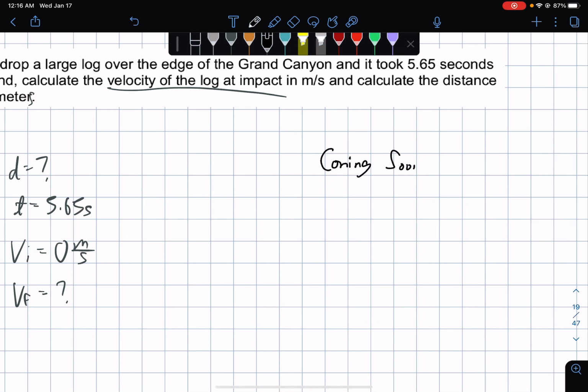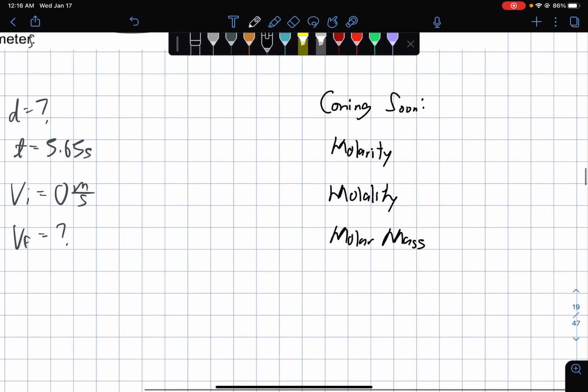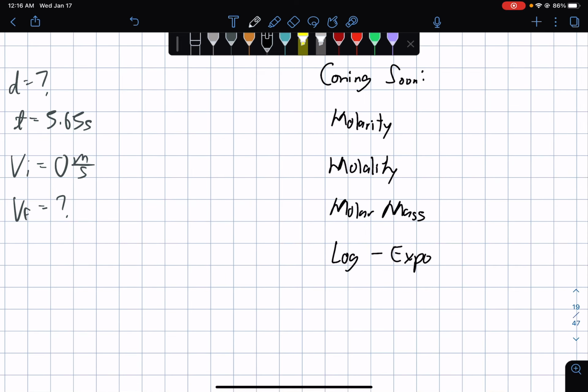Coming soon. We have molarity, molality, molar mass. What else? Oh yeah, log to exponential functions, I mean. What else?